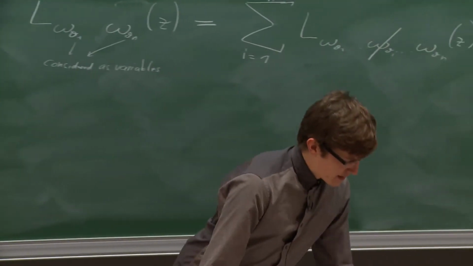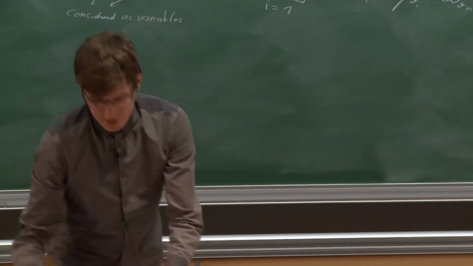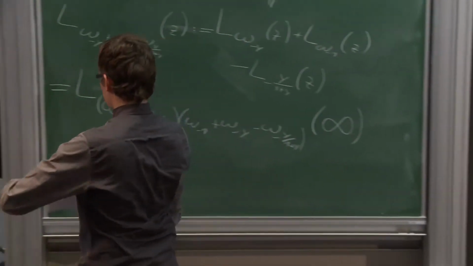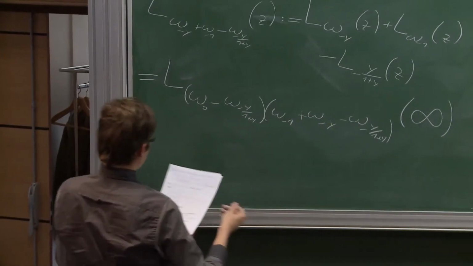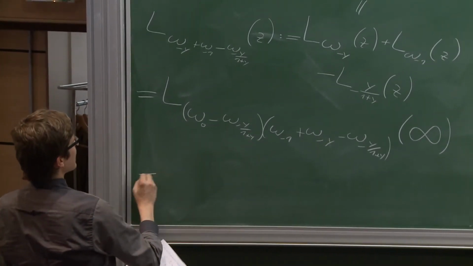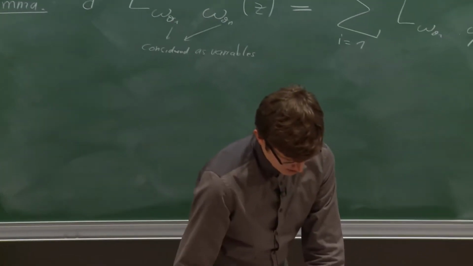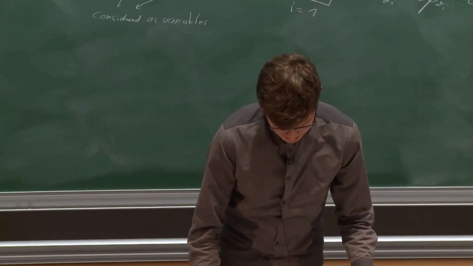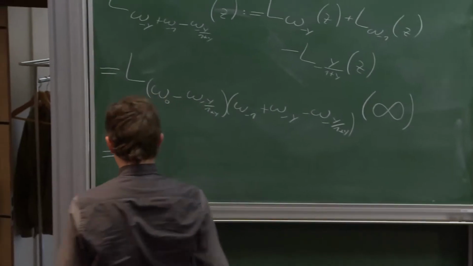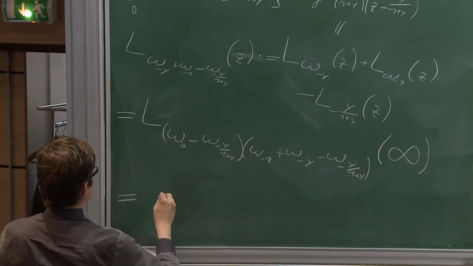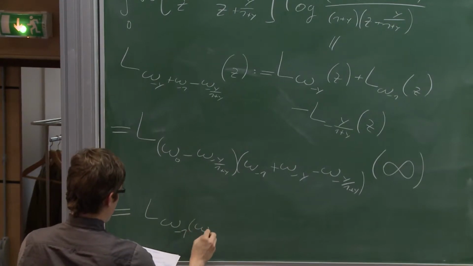So I just give you an example here, but I won't work it out. Yeah, I just tell you. So this function here, if you do all this, you can write it as a hyperlogarithm with respect to y.